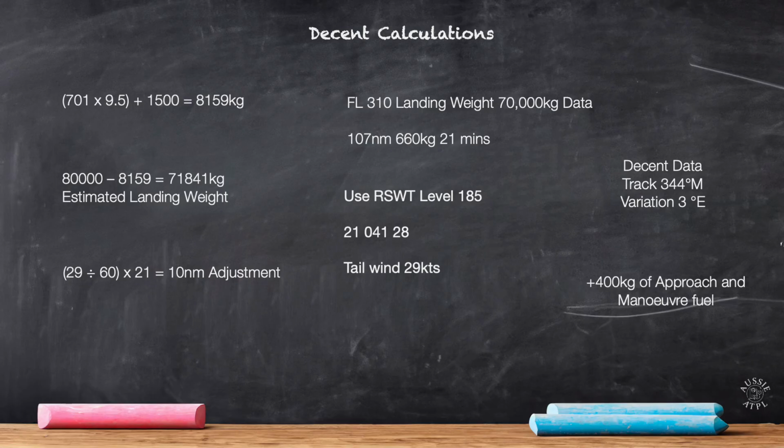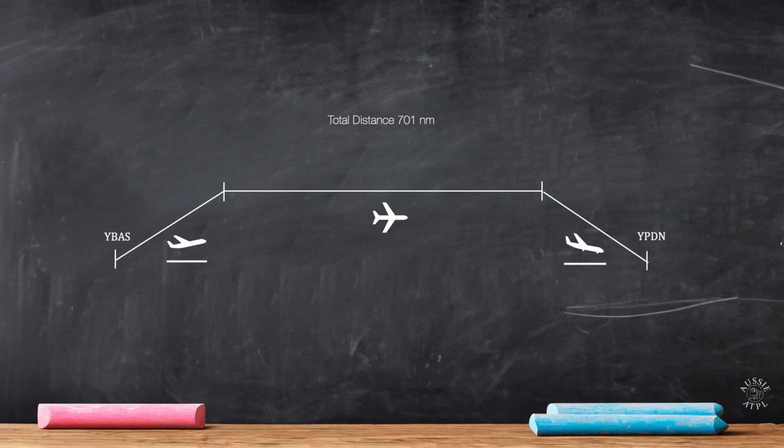But since it didn't say that, we have to adjust for the 400 kilos of approach and maneuver fuel, and that'll give us final descent data of 117 nautical miles, 1,060 kilos, and the descent will be completed in 21 minutes. So if we head back to our planning page now, we have a descent distance of 117 nautical miles. We can jot down our fuel of 1,060 kilos and our time of 21 minutes.